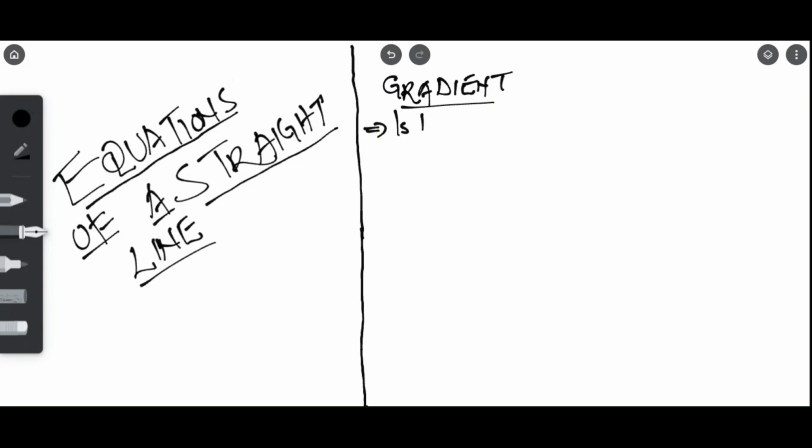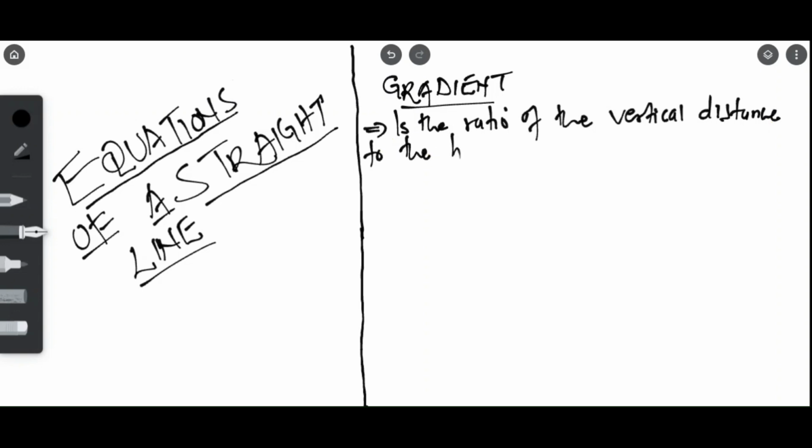Gradient is the ratio of the vertical distance to the horizontal distance. Gradient is the ratio of the vertical distance to the horizontal distance.